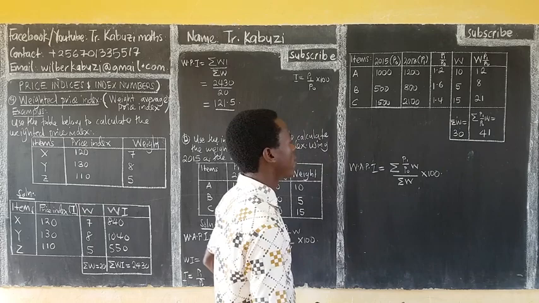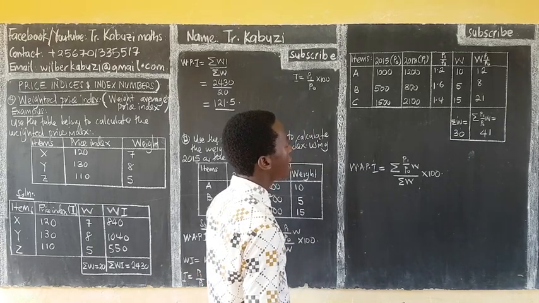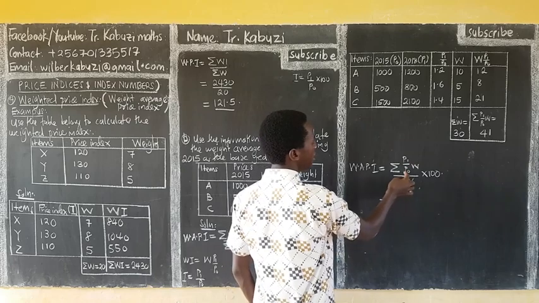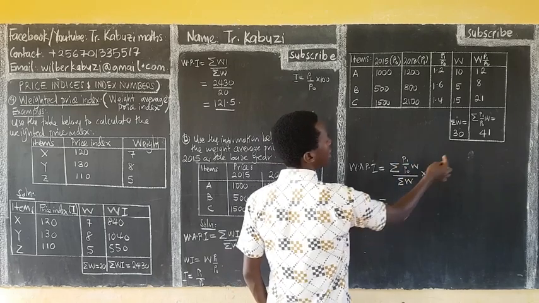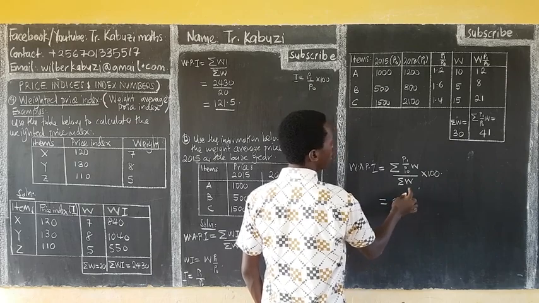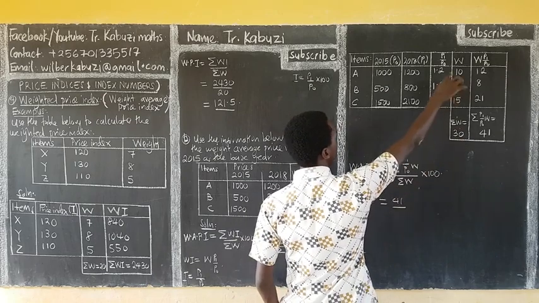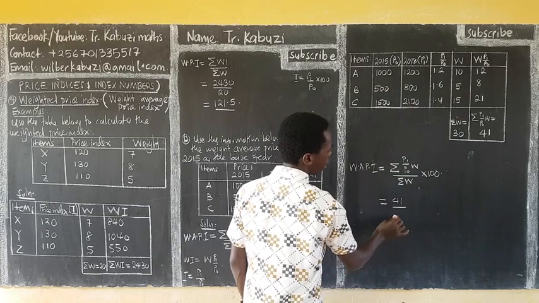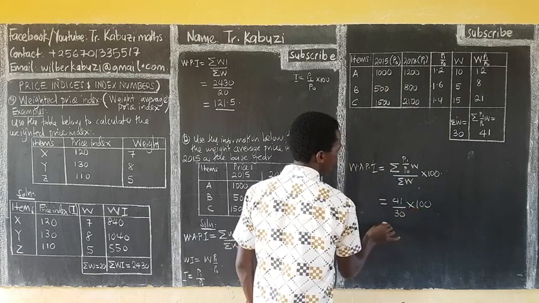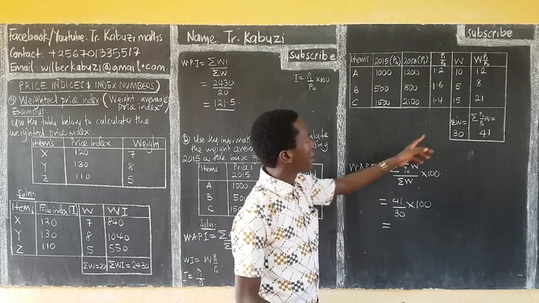So now it's a matter of substituting into our formula. The summation of the whole of this is 41, over the sum of the total weight of the three items, which is 30, then times 100. I think you see the difference.